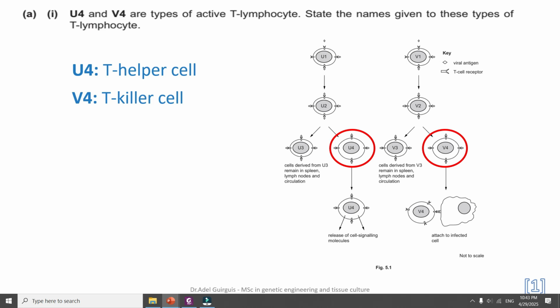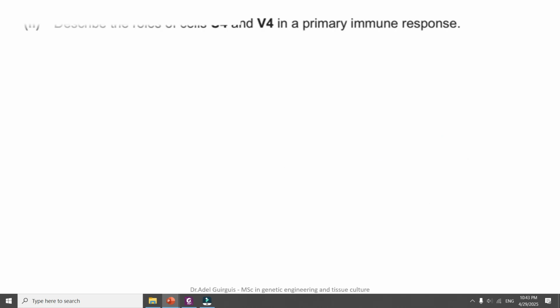Now for letter A. Describe the roles of cells U4 and V4 in primary immune response. What is their role in primary immune response? Primary immune response means encountering the pathogen with its antigen for the first time, like during infection by a certain pathogen for the first time, and also during vaccination.